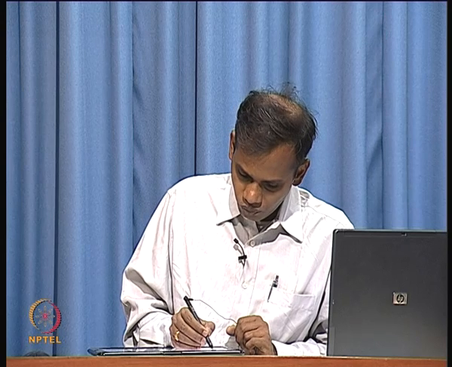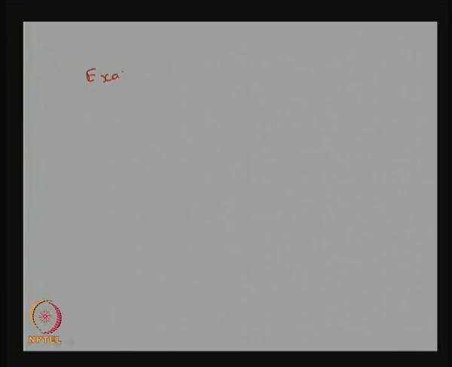Now, we are moving into the next example. Example 2. Here I am going to discuss a reducible Markov chain. Here also we have only 2 states.